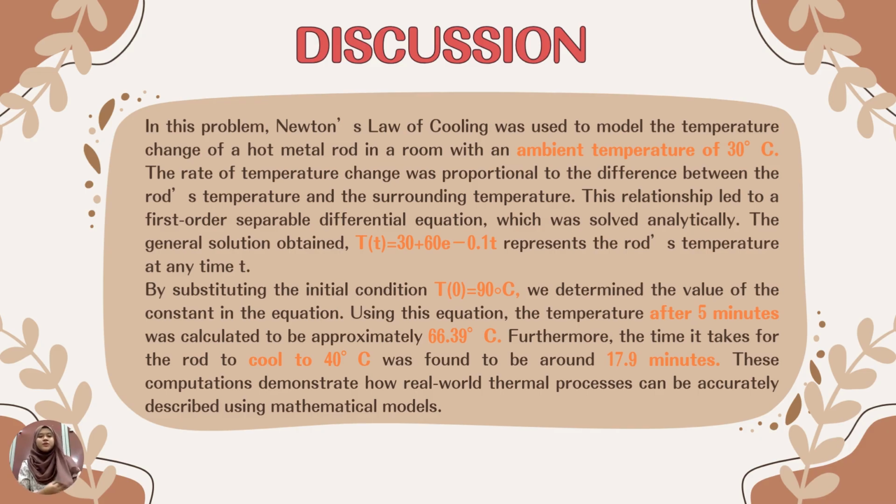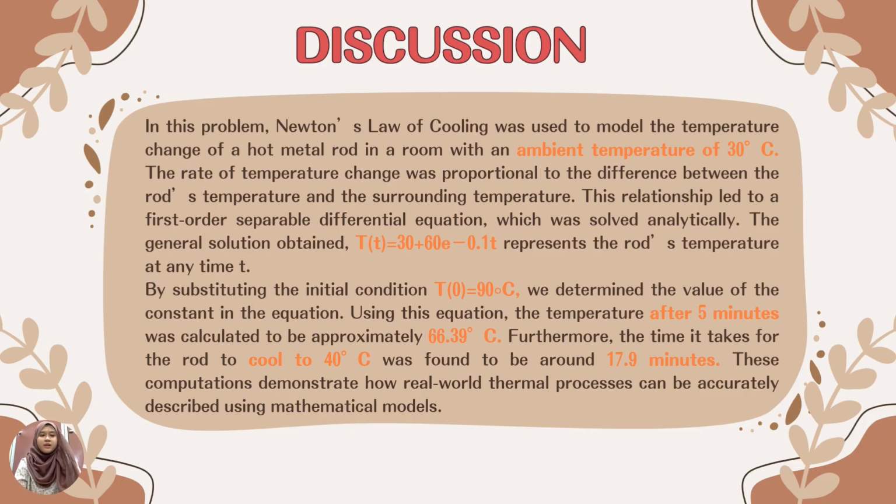Okay, so as you can see, this is our discussion. What we can summarize in our discussion is, this slide explains how Newton's law of cooling was applied to a real-world problem: the cooling of a hot metal rod in a room with an ambient temperature of 30 Celsius. The key point in our discussion is the temperature change was modeled using a first-order separable differential equation.